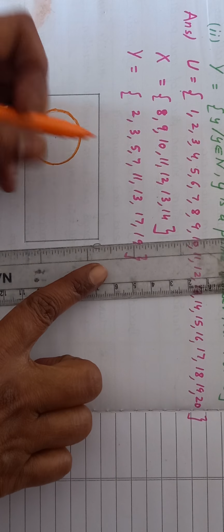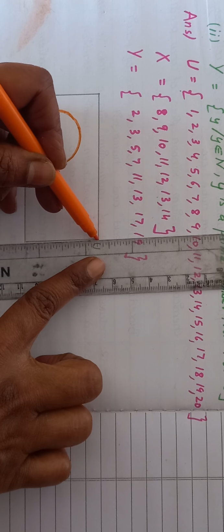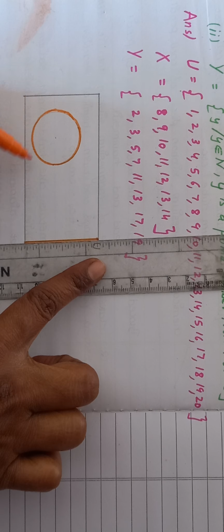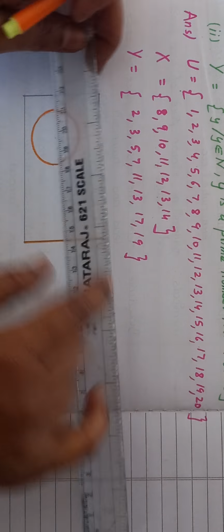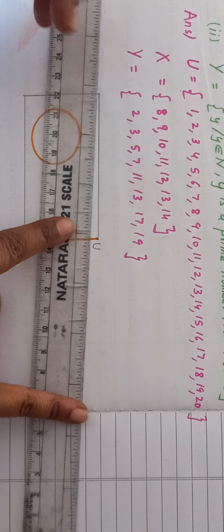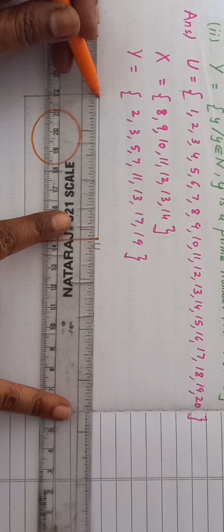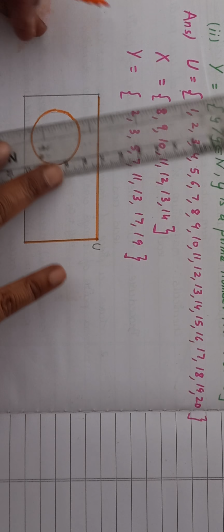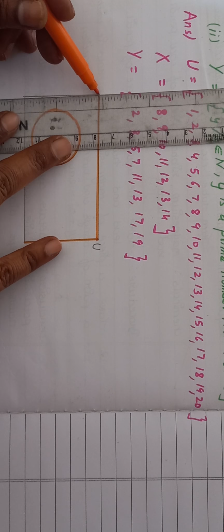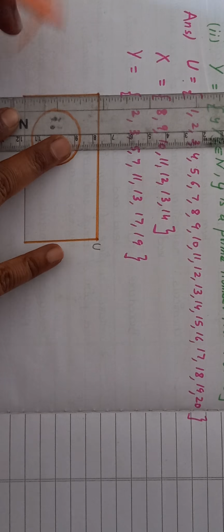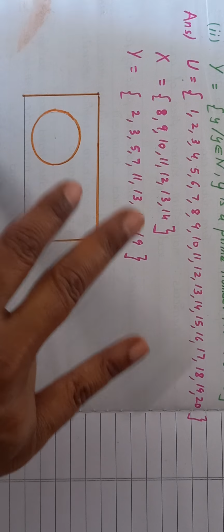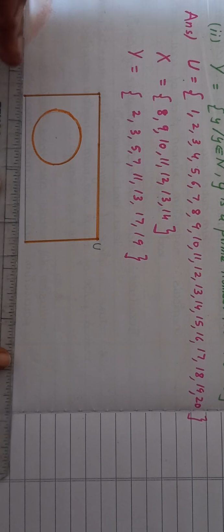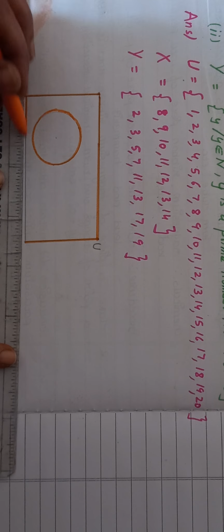For the universal set only, draw a rectangle. Inside, don't draw a rectangle. For the universal set, the biggest set, you draw a rectangle, but inside, for the subsets, you can draw circles. That looks much better. And in our textbook most of the time they have shown only circles, because that really makes you understand the concept very well.